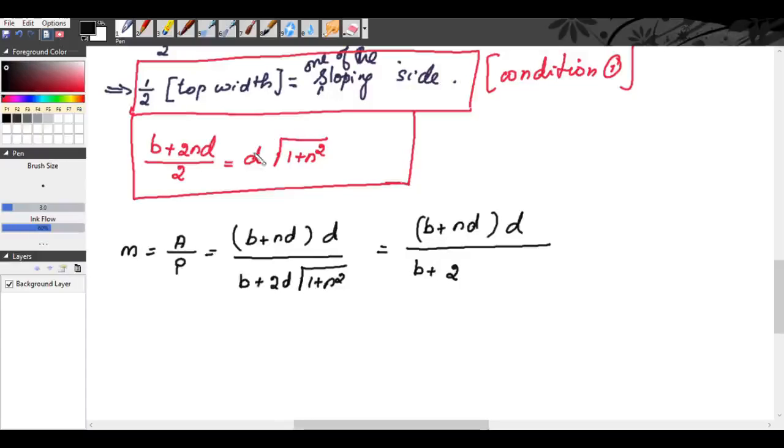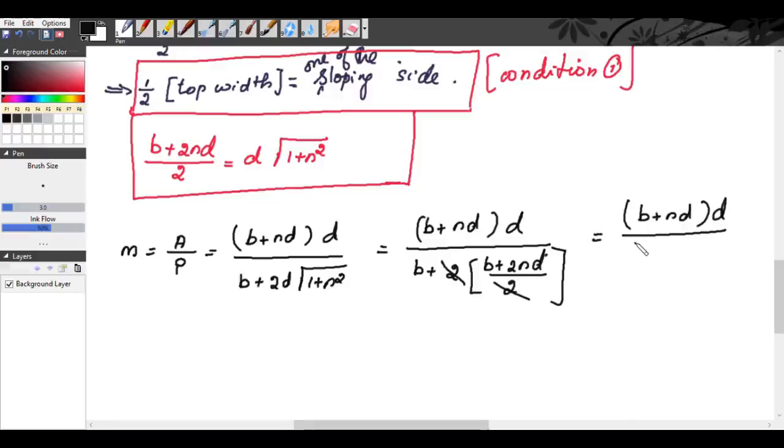Instead of d into root of 1 plus n square, we will substitute (b plus 2nd) by 2. So b plus 2 into (b plus 2nd) by 2. So you can cancel this 2. What we get is (b plus nd) into d divided by (b plus 2nd).